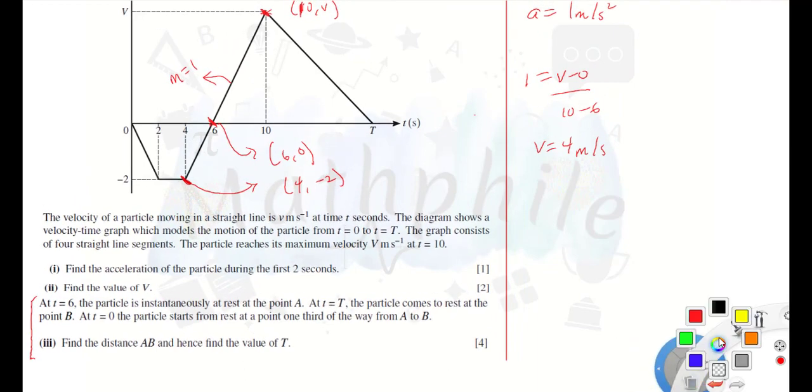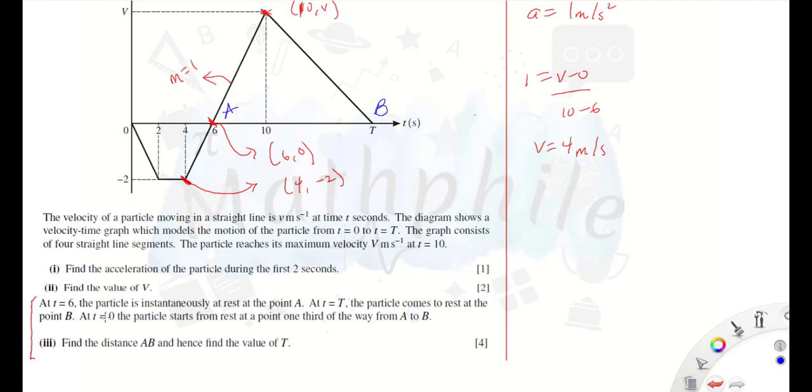Let's use a nice color. So at t equal to 6, there's point A. The particle is instantaneously at rest at point A. At t equal to T, the particle is at this side, B. You have to find the distance AB.